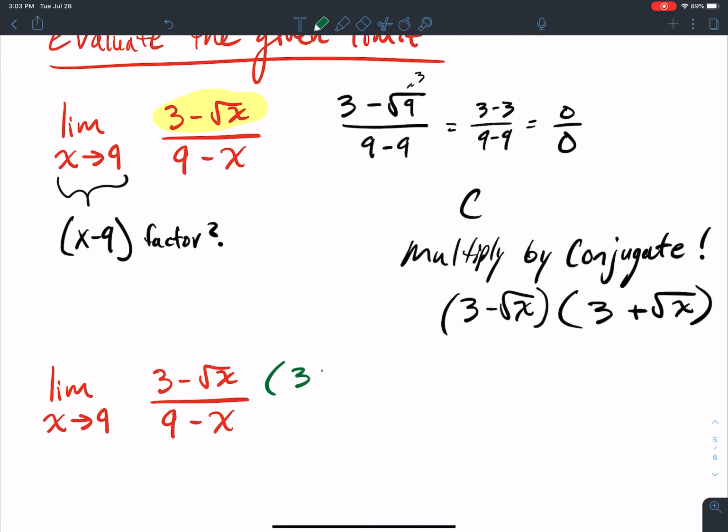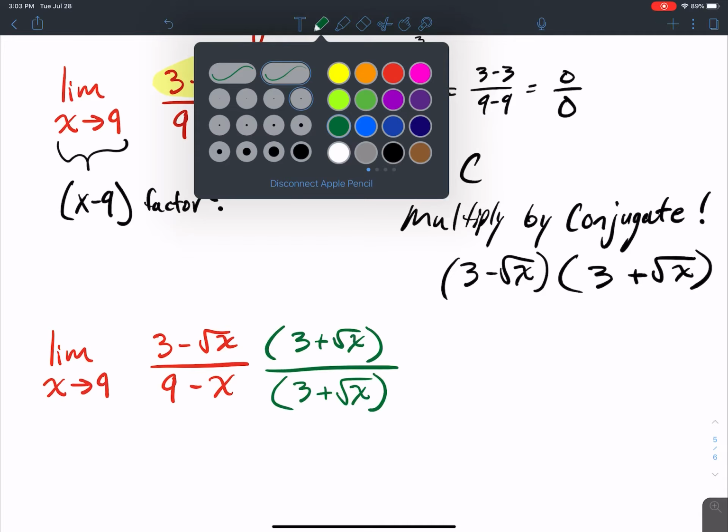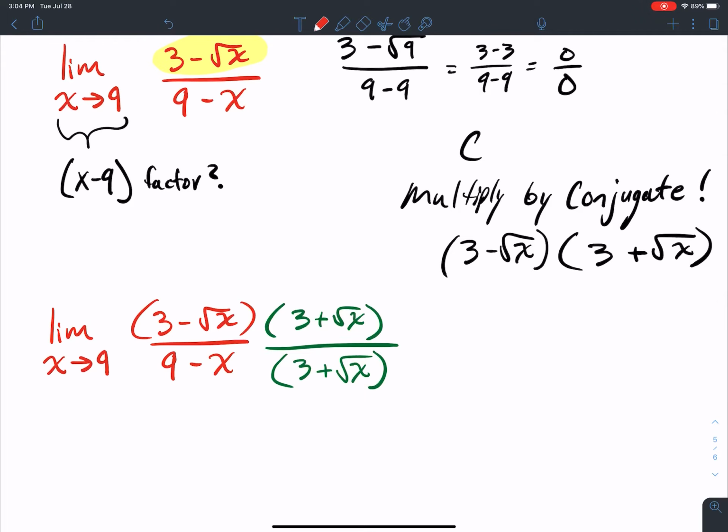Now, if I multiply by the conjugate in the numerator, what does that mean I have to do? That means I have to multiply by the conjugate in the denominator to keep it the same equation or the same function, okay?